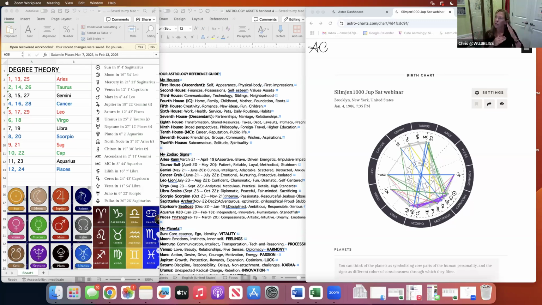Also remember, the moon is visible from Earth, Venus, Mercury, Mars visible from Earth. Sometimes Jupiter is visible from Earth. Sometimes Saturn is visible from Earth. But Jupiter and Saturn are the last of what's considered inner planets. So that means, yes, they can hit our subconscious, but they're also a huge part of our material world.